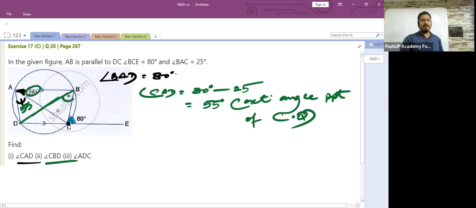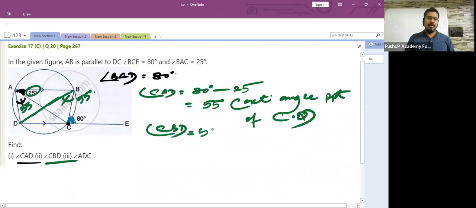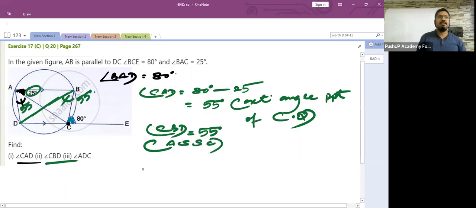So how much would be angle CBD? CBD will also be 55 degrees. Why? Because it is the angle subtended by the same chord on the circumference. So please write angle CBD is also equal to 55 degrees, angle subtended by the same chord, ASSC.